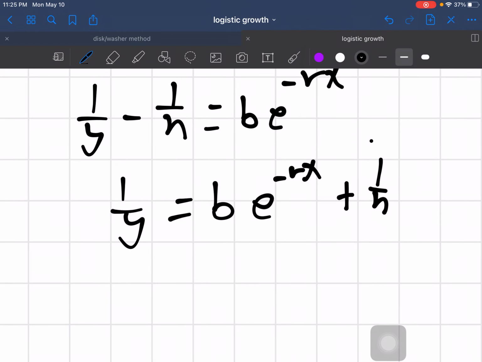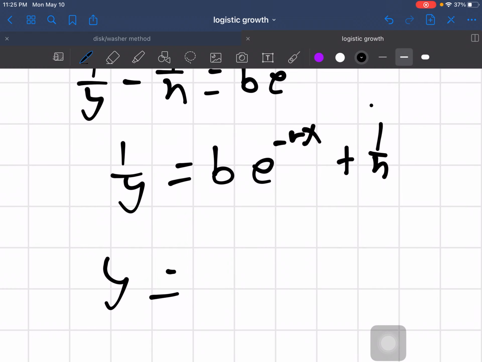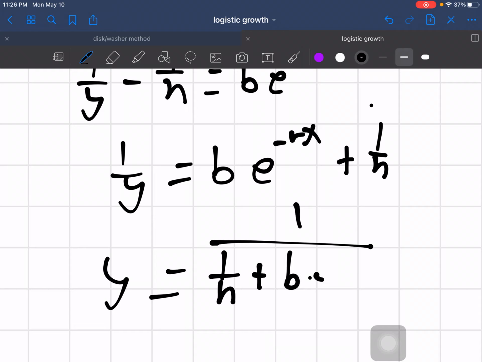And so let's now solve for y by just taking the reciprocal again, and we get y is equal to 1 over, let's write the n first, 1 over n plus b e to the power of negative rx.